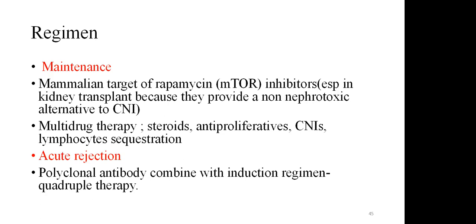So blocking this pathway blocks all signals of interleukin-2, thereby blocking proliferation of T lymphocytes. We have multi-drug therapy using steroids, antiproliferatives, calcineurin inhibitors, and lymphocyte sequestration. Then in acute rejection, most commonly polyclonal antibody is combined with the induction regimen. That's quadruple therapy.